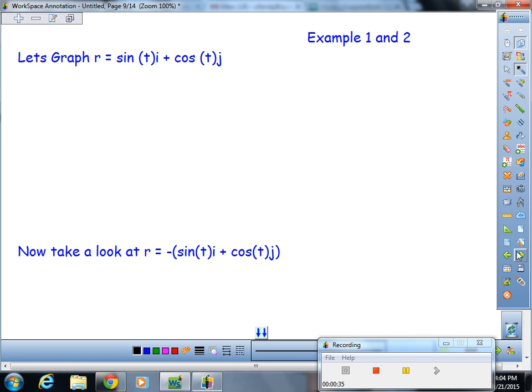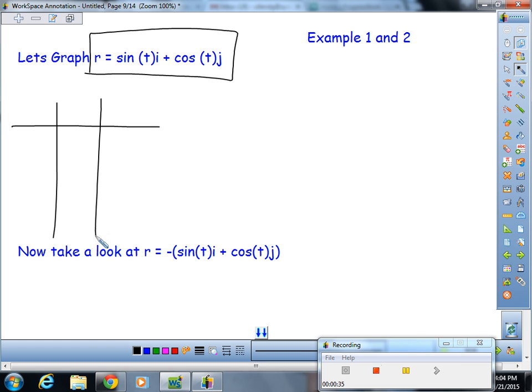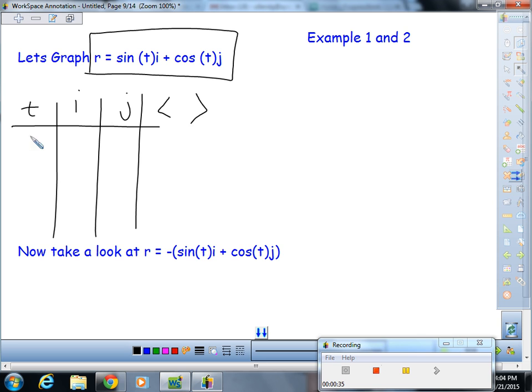So let's try this. This is a vector-valued function, okay? Now we have an input-output chart that looks a little different. We have t, and then we have i, and we have j, and then we have our vector. So look, at t equals 0, our i is 0, our j is 1, so our vector is 0, 1.